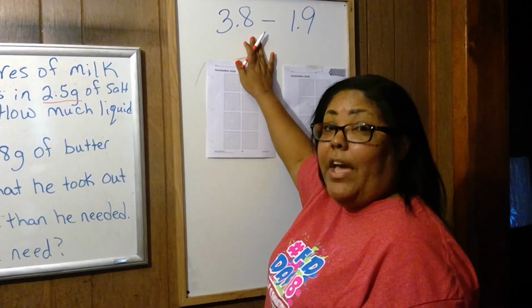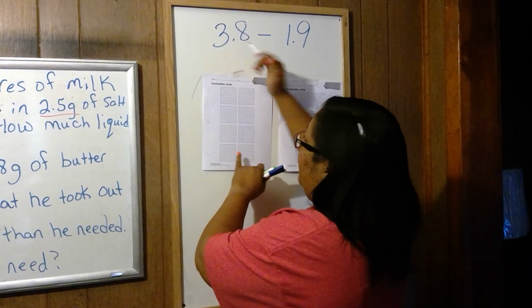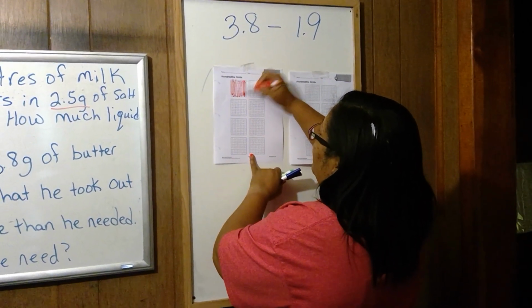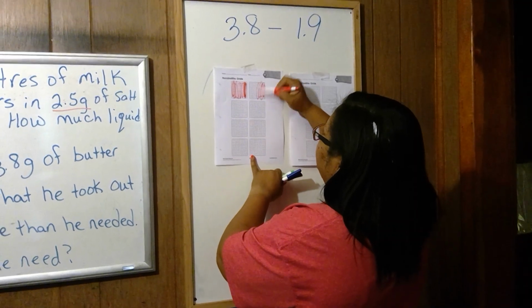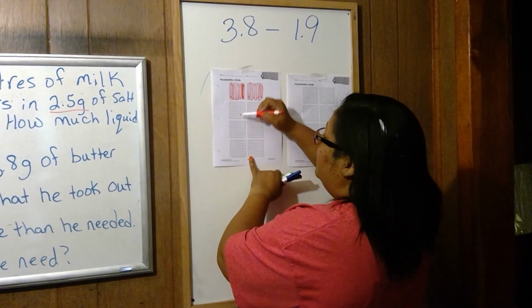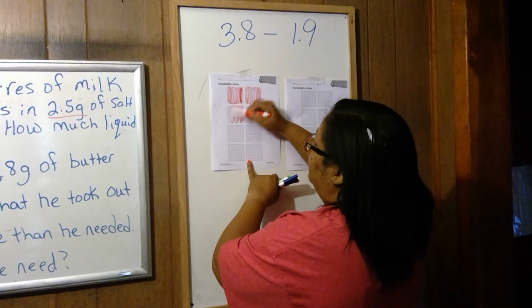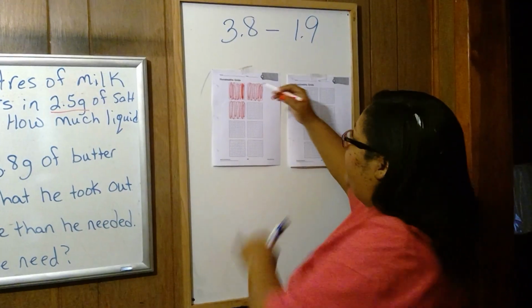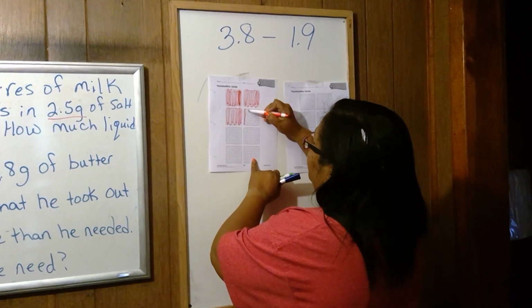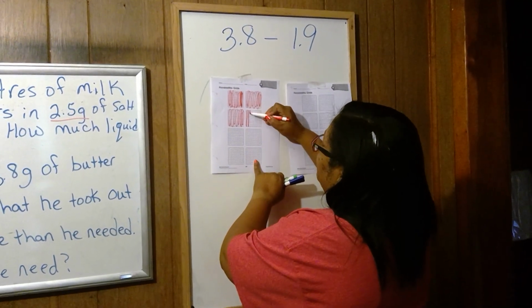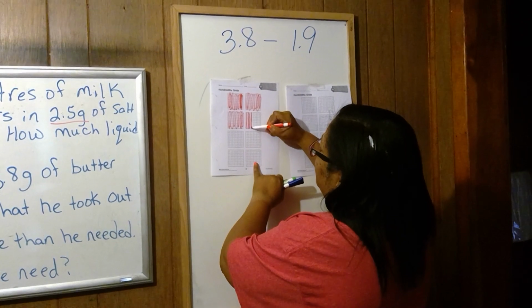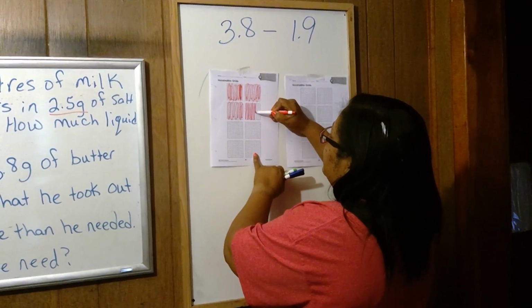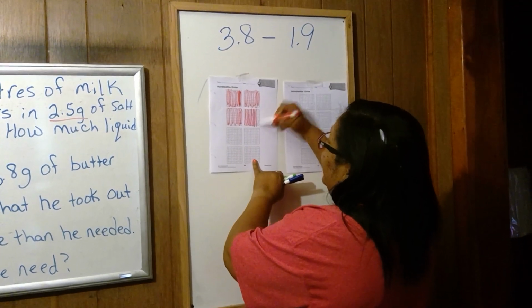So let's do 3 wholes. 1 whole, 2 wholes, 3 wholes. Now what do we need? We need 8/10. So I'm going to shade in 8/10. 1, 2, 3, 4, 5, 6, 7, 8.